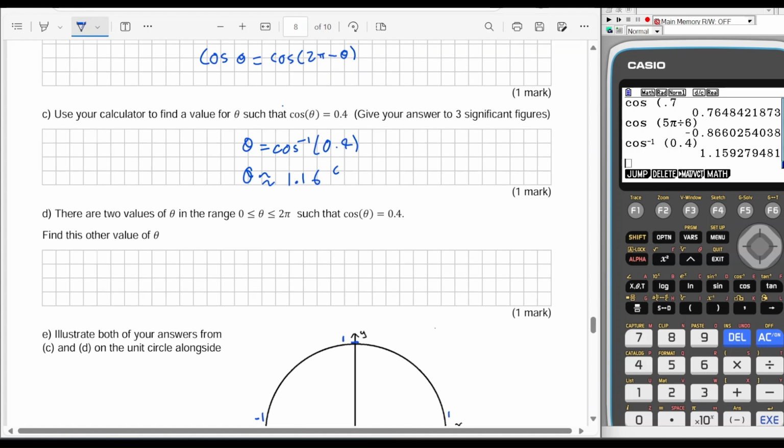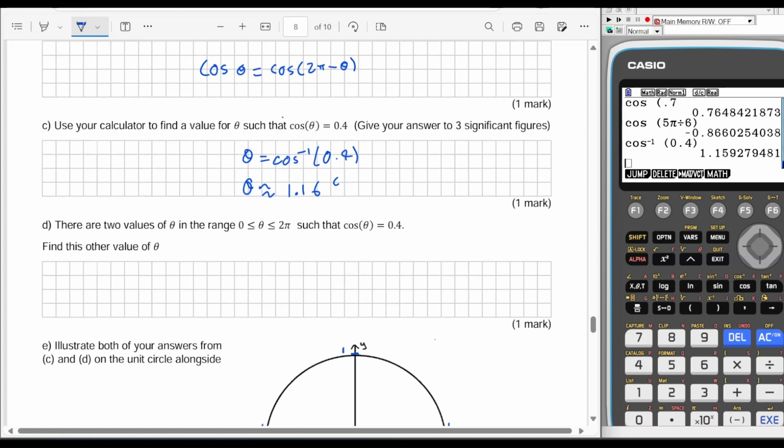There are two values. This is where our conjecture comes in handy, because the other angle is 2 pi take theta. This is why I got you to do the conjecture. So this is 2 pi take 1.16 roughly, which roughly equals 5.12.